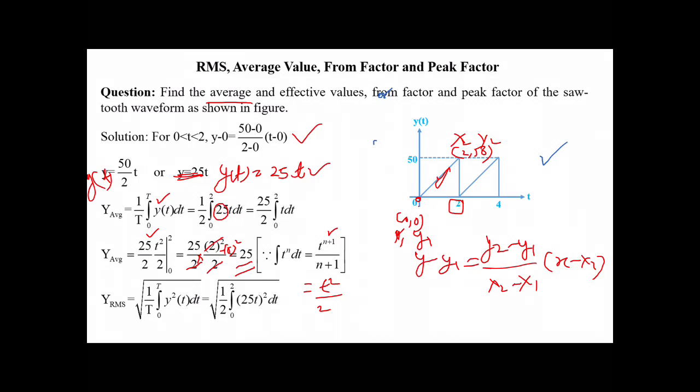Y RMS equals under root 1 upon T integration 0 to T y square t into dt, equals under root 1 by 2 integration 0 to 2 (25t) whole square into dt.